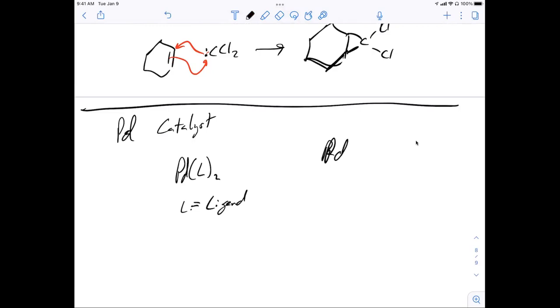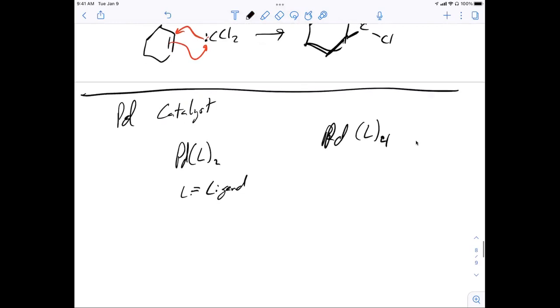So you saw 2 classes of palladium. You saw 4 and 3, and 2 ligands. The one you're going to see your book use quite a bit is this one, just the acetate, but there's lots of variations. For the 4, the one you'll see most often in the book is this triphenyl ligand, and it's palladium.